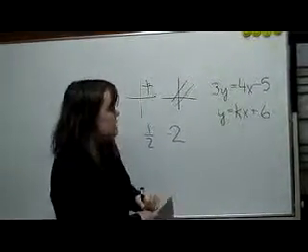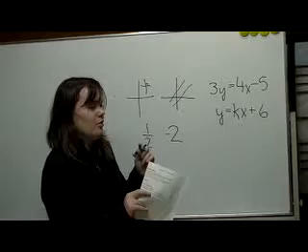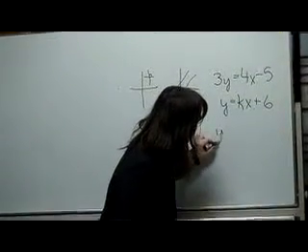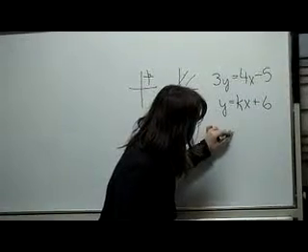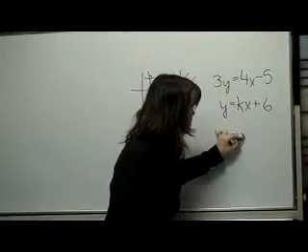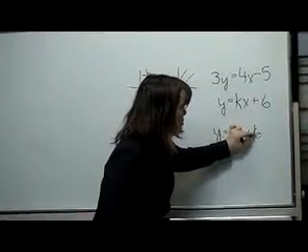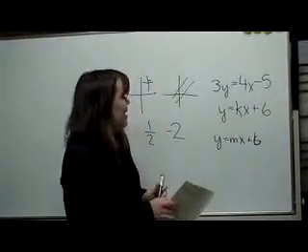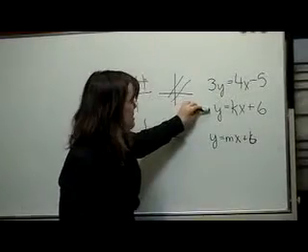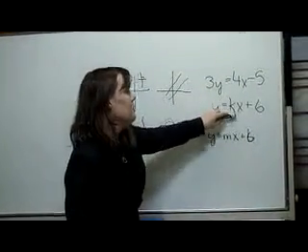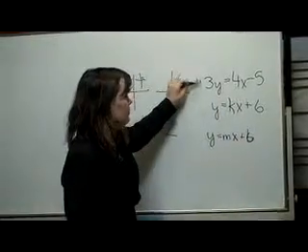So what is the equation of a line? Equation of a line is y equals mx plus b. Well, we know that this equation is already in this form, but we don't know k.